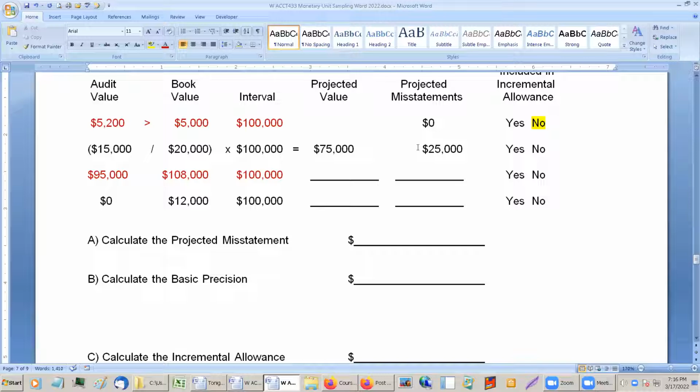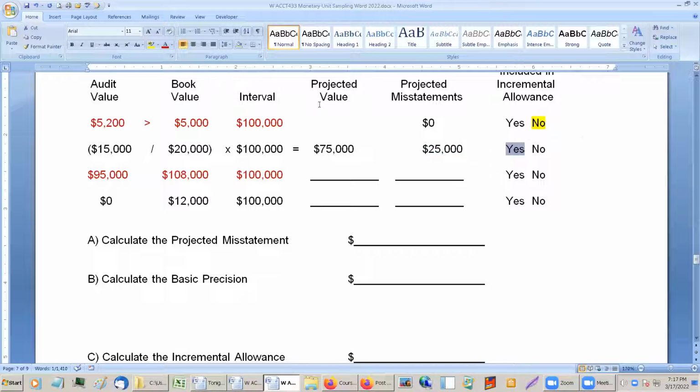So notice something here. If we're saying that only 75% of this interval is right, and there's this other 25% that is a misstatement, notice that that's going to go into our incremental allowance.